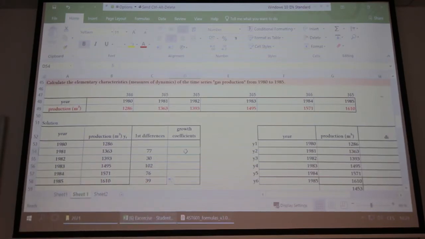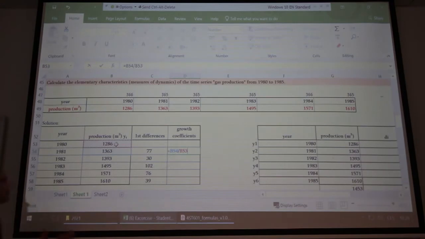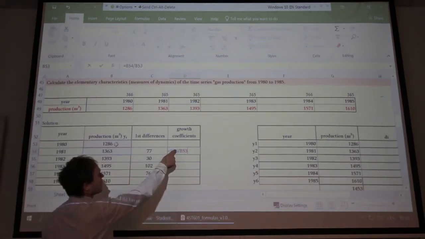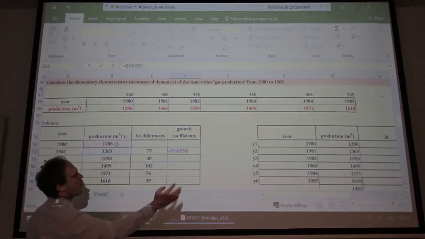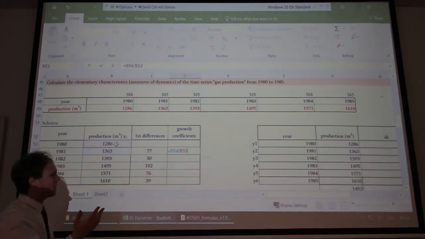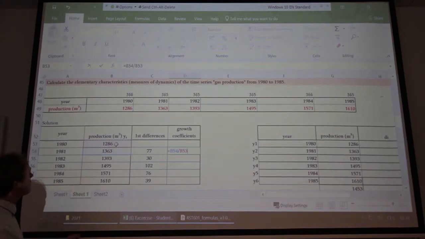So you can write here an equal sign and this value divided by this value. Be very careful. A very common mistake made by students is that they calculate the ratio from these first differences. It will be wrong. We must calculate the ratio from the original data set.